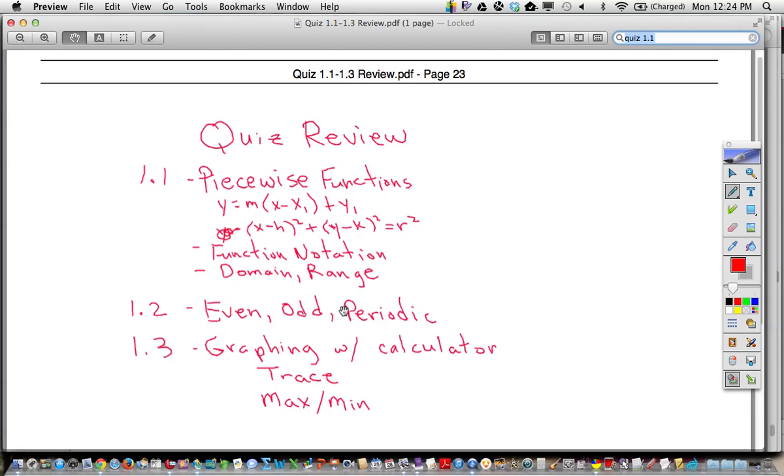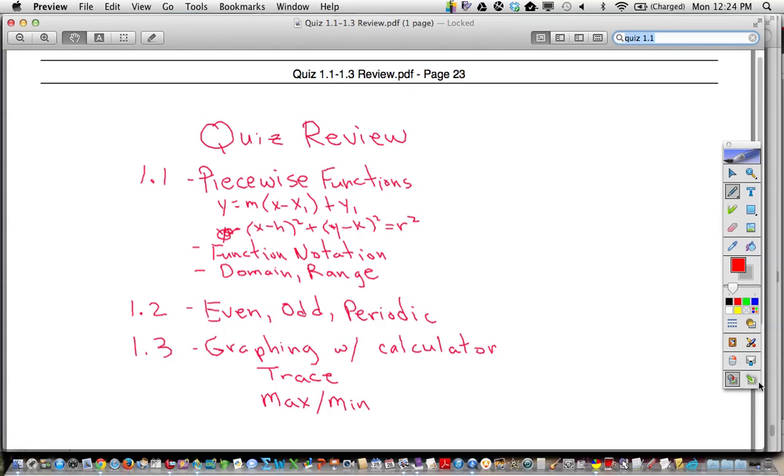But that's not really going to be tested on the quiz tomorrow. Okay? You'll get to use your calculator to graph some things if you need to and so forth. So memorizing those is not really necessary for a moment. But on quizzes going forward, yeah, we want to begin to be able to do that. But we do want to be able to look at those functions and answer questions about if they're even or odd or periodic, and what that means. So like the homework we had there.